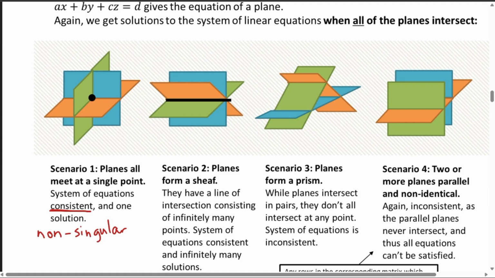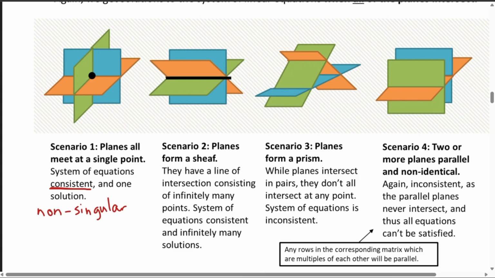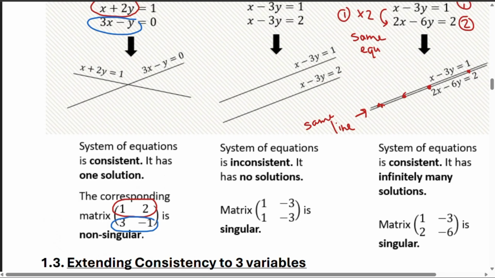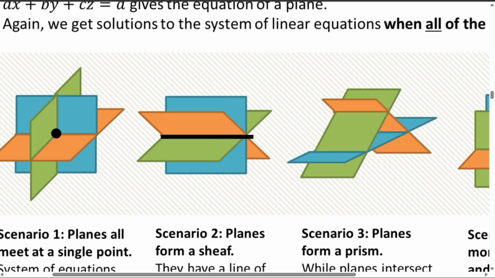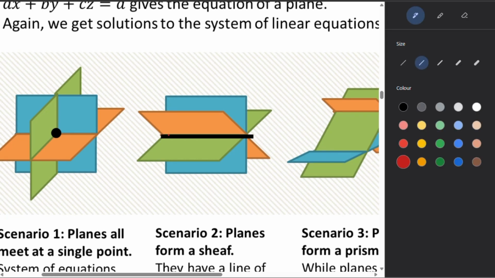The sheaf basically means there is a single line where all the planes intersect. So it says that they have a line of intersection consisting of infinitely many points. Like we had here with an infinite number of solutions on that line, same with this one. There is an infinite number of solutions where all 3 equations of those planes are satisfied on that line.